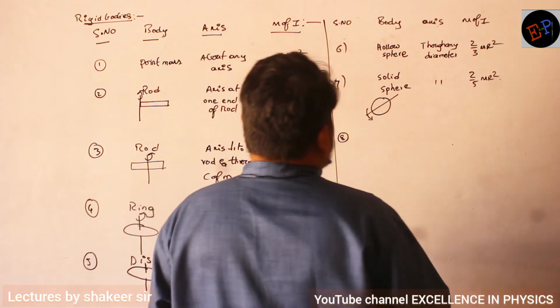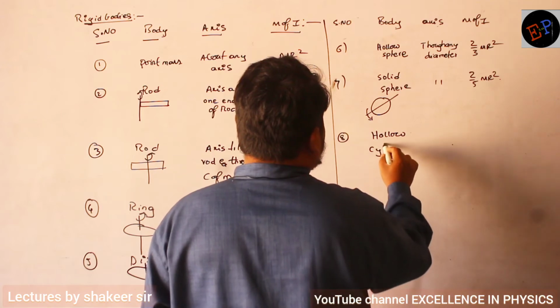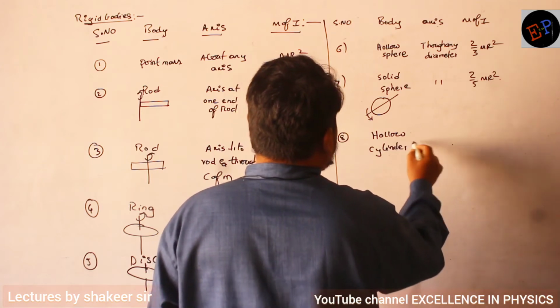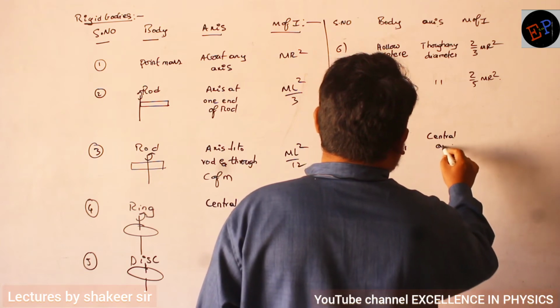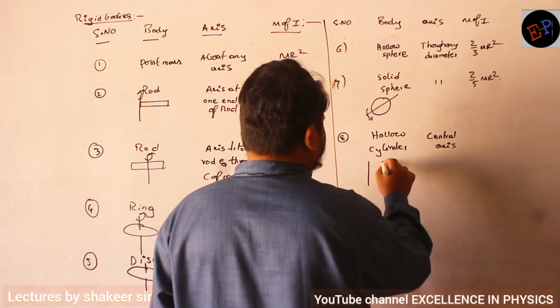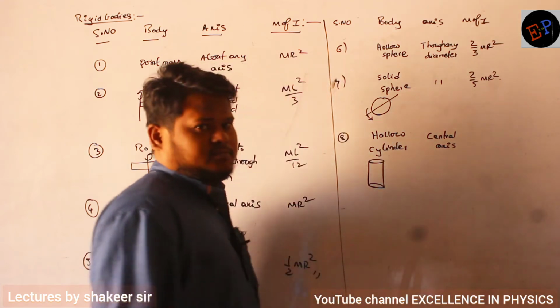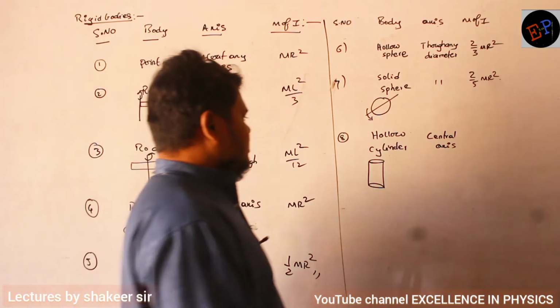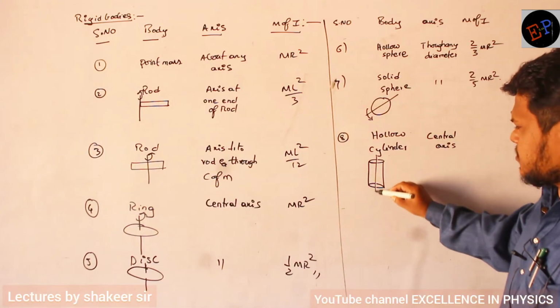Next, eighth one, hollow cylinder, about the central axis. We know what is meant by hollow cylinder, no? A gas cylinder is an example of a hollow cylinder. So for this one, the axis is the central axis.